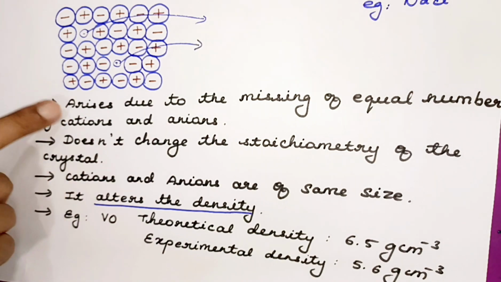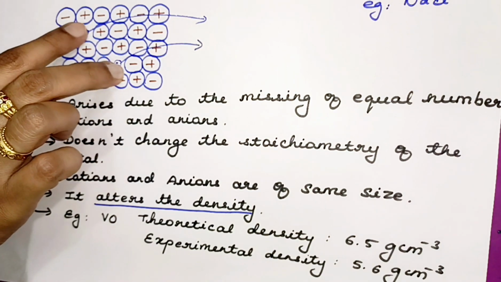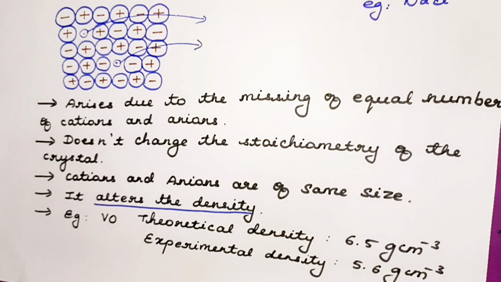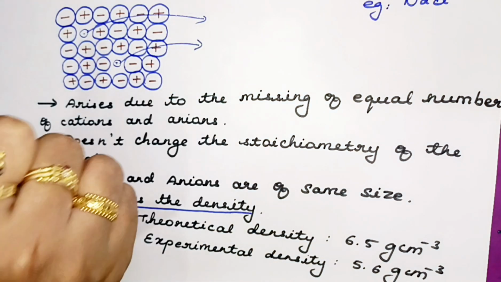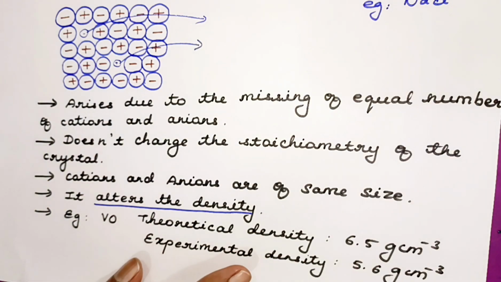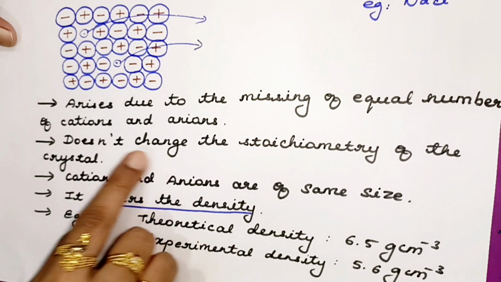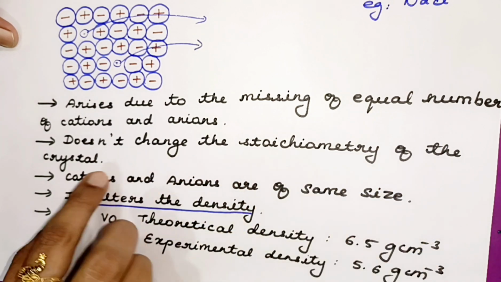So why does this arise? This arises due to the missing of an equal number of cations and anions. That is the first point. Thereafter, if they are missing, this will alter the density of the crystal. But the scientists are saying that it doesn't change the stoichiometry of the crystal.